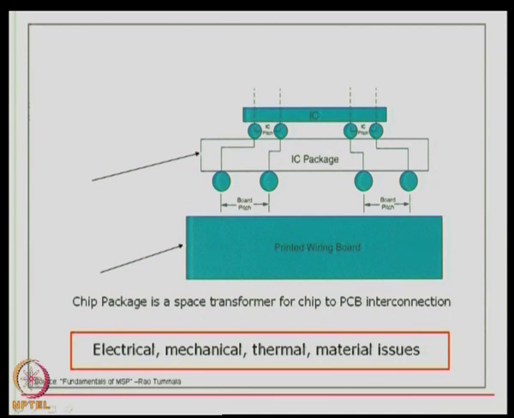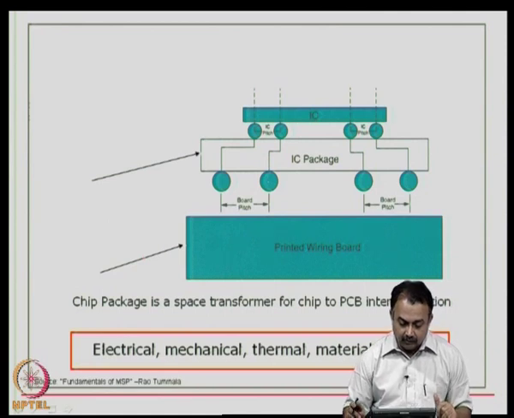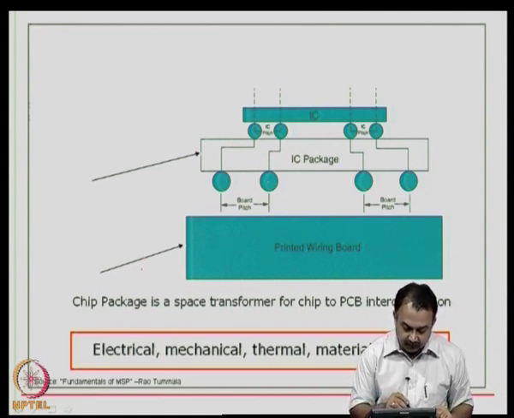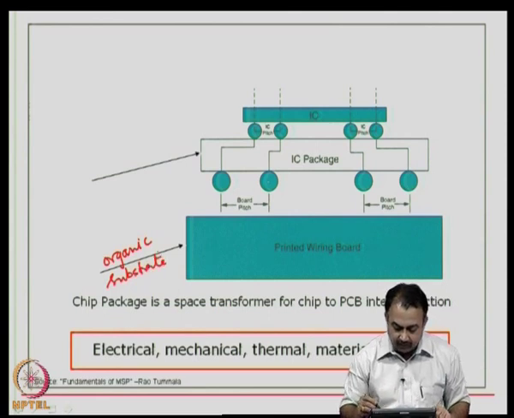This is another slide that talks about the same point, that is, the chip package is a space transformer for chip to PCB interconnection. If you look at the arrow here, this is typically an organic substrate that you can think about as a system level printed wiring board.